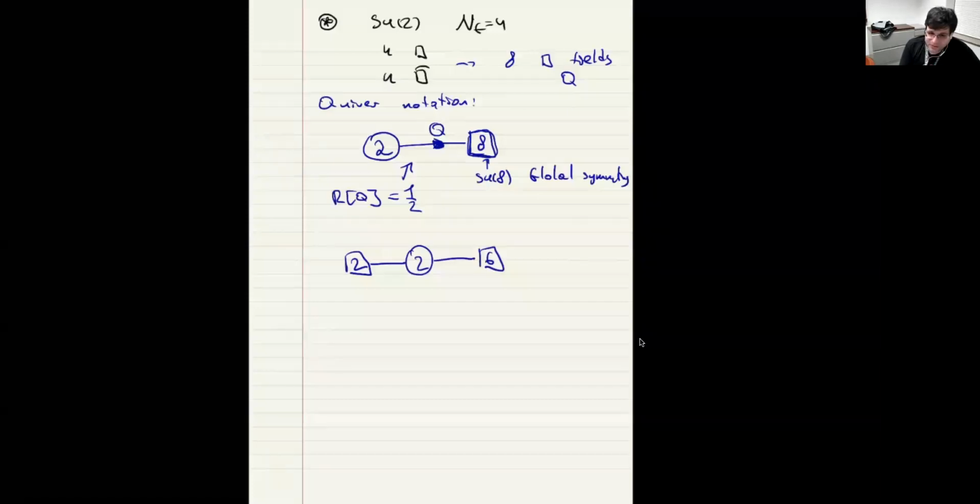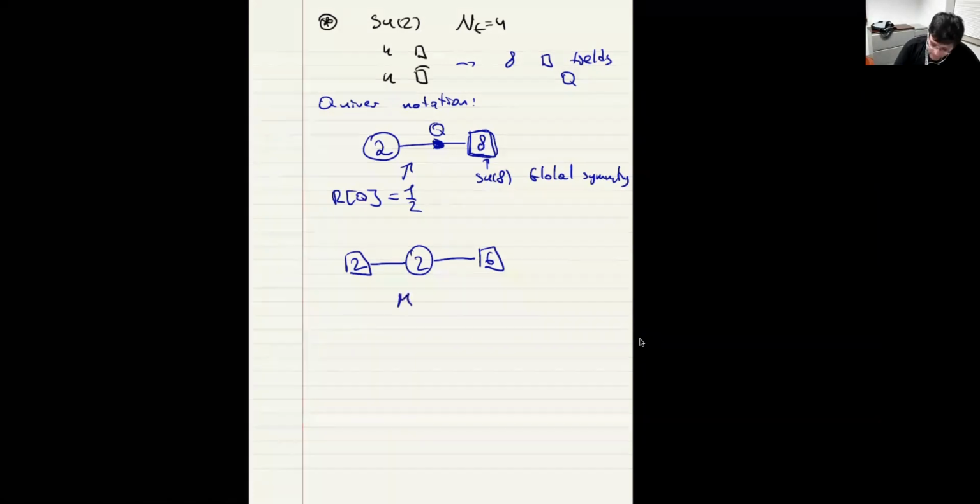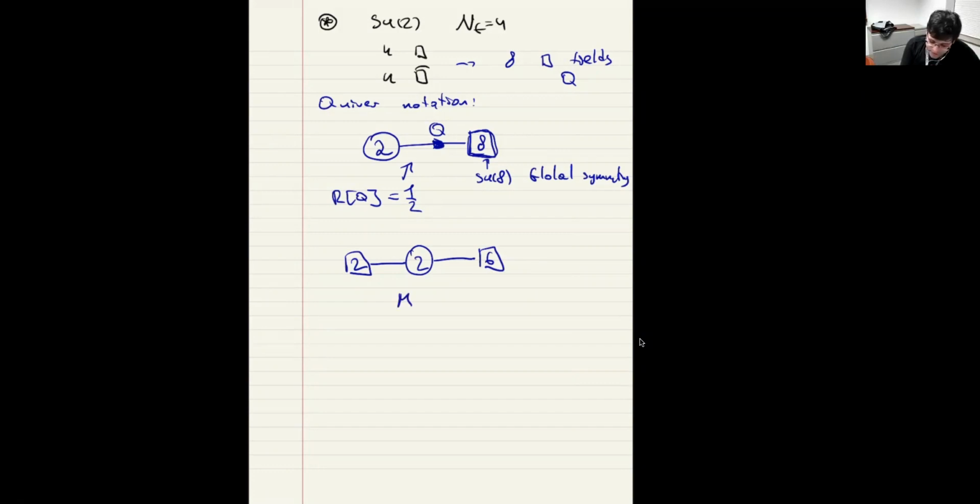So to actually do a physical deformation, I will give a meaning to this splitting. I will introduce another set of fields, which are gauge singlets, which I will call M. And these fields M will couple through a superpotential to certain gauge invariant combinations of the fields that are written here. So let me call these 6 fields Q.